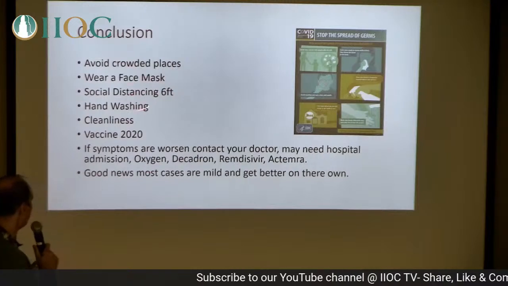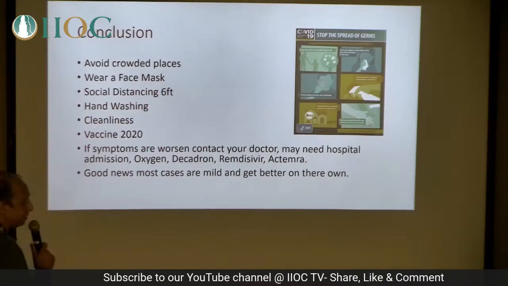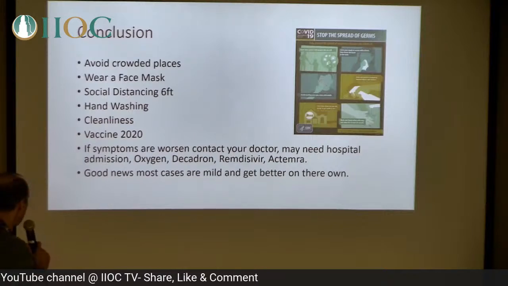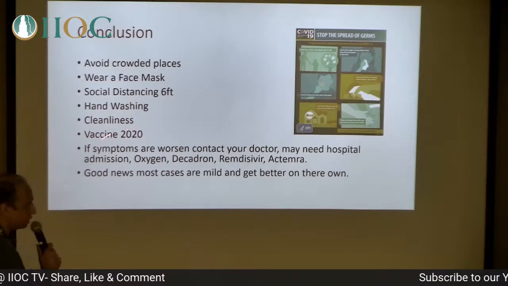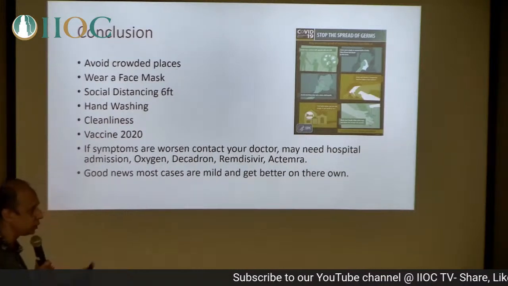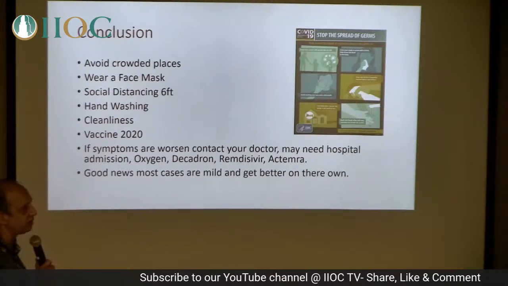Wear a face mask, practice social distancing, wash your hands, and, as we talked about, keep your rooms clean, especially if someone is sick. Vaccine: this is 2020 because the vaccine was approved under emergency use authorization in 2020, and now the FDA has approved the Pfizer vaccine.